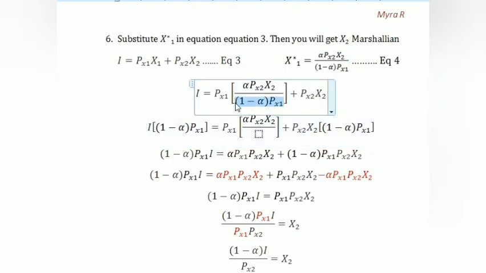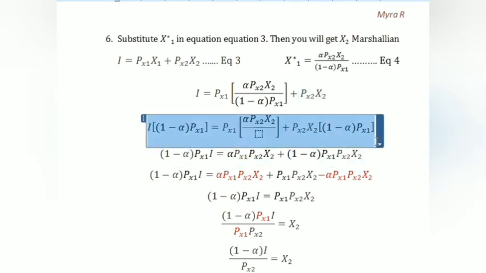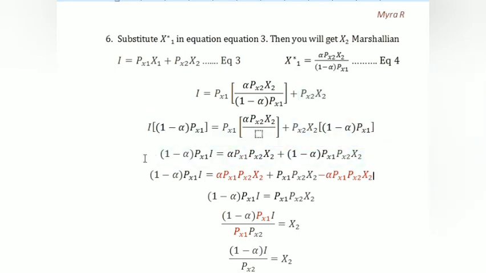We need to simplify the equation. We multiply the denominator with I and Px2. And then we simplify the equation, and then we expand the equation.